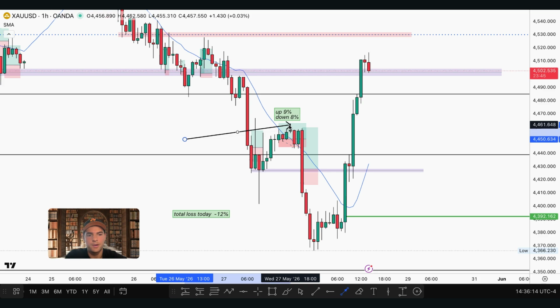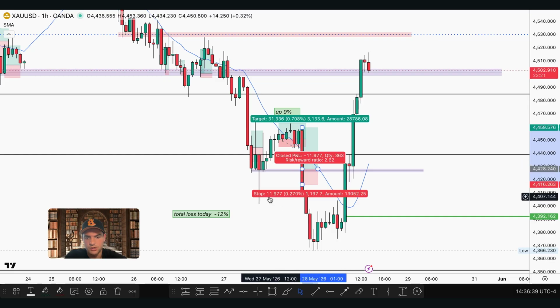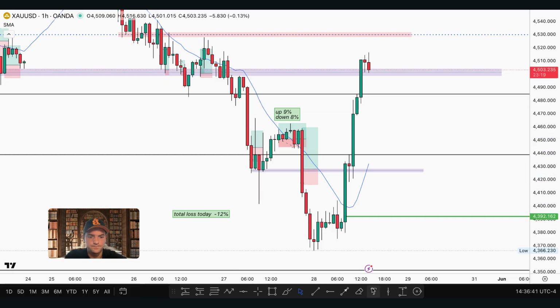I was already up about 9%, and I was thinking about closing the trade, but I decided to let the trade run because I was looking to get more points. And since I was looking to get more points, I ended up being stopped out right here on the trade, ended up losing a little bit more right here. And then right here is when I entered for a buy and ended up losing some more, about 11.9 points.